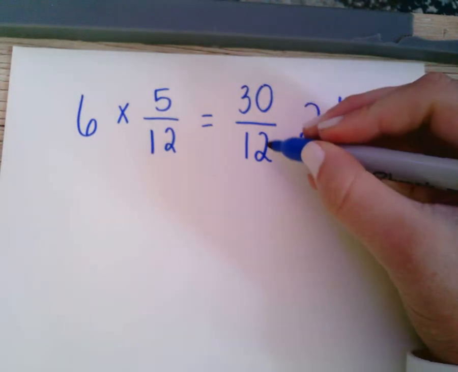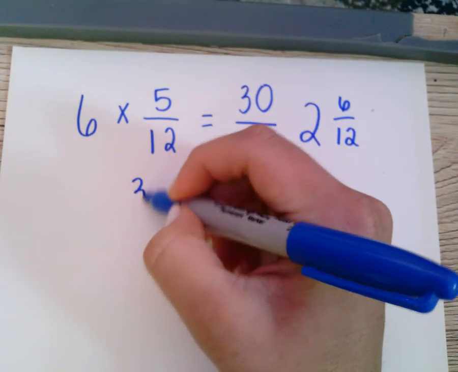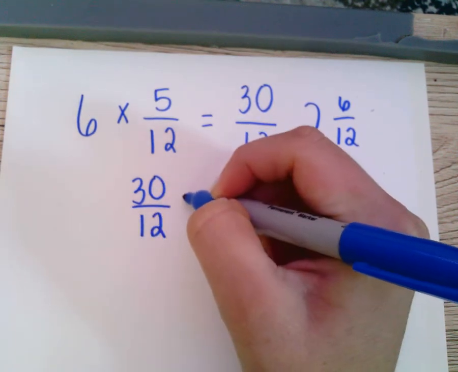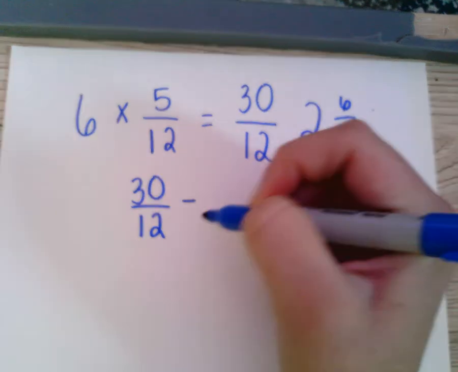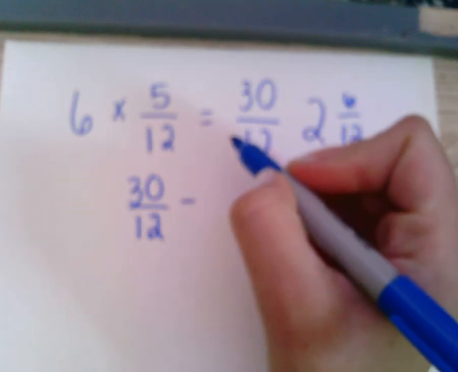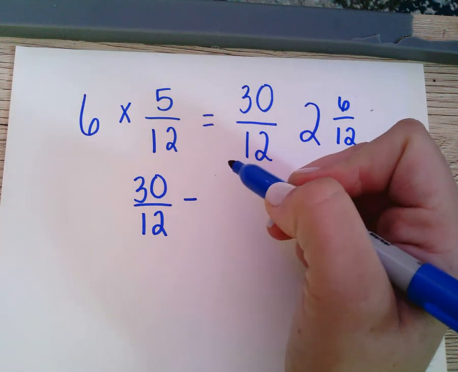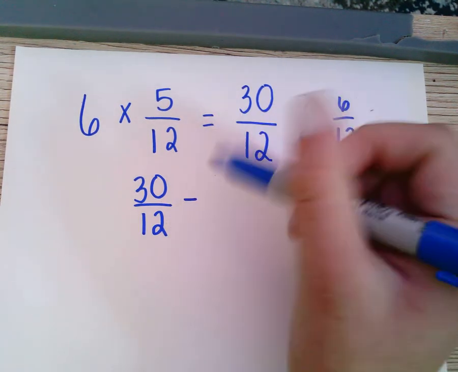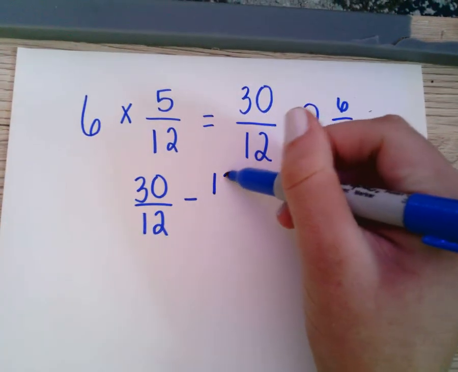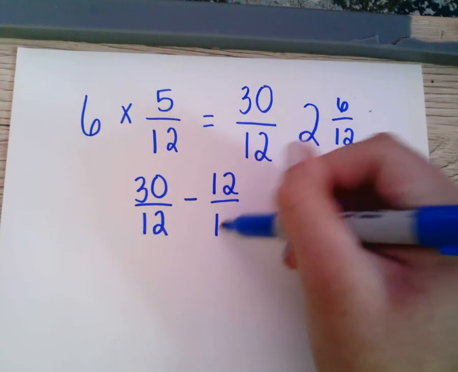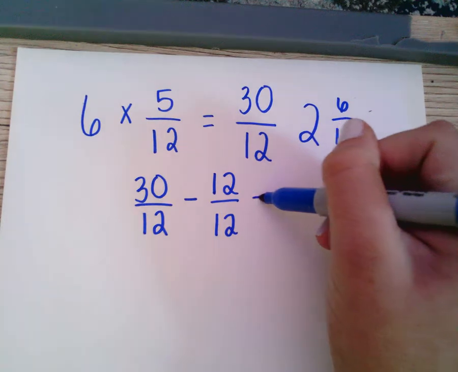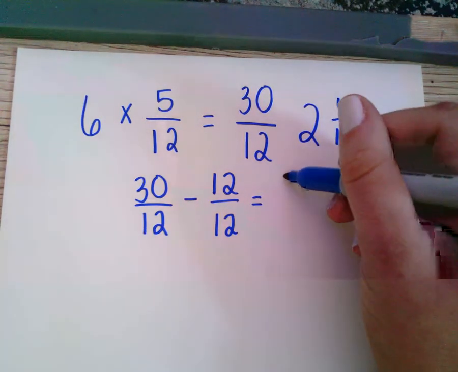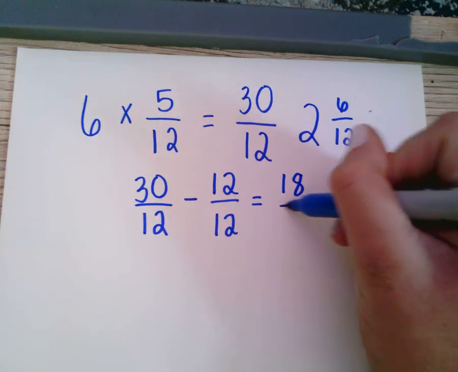And let me break that down a little bit more for you. So we have 30/12. You can pull out, remember division and subtraction are the same thing, repeated subtraction. So I know that I can pull out one whole set of 12 and still have 18 on top, 12 on the bottom.